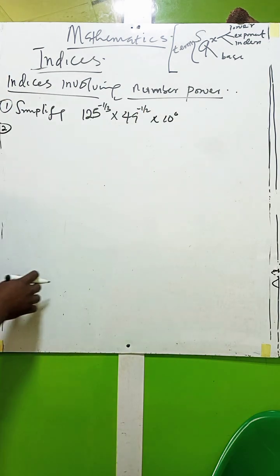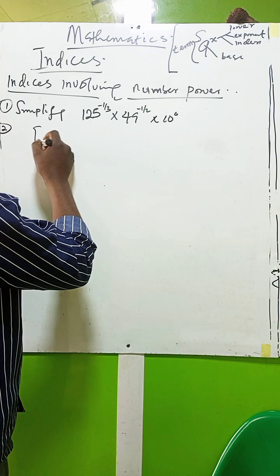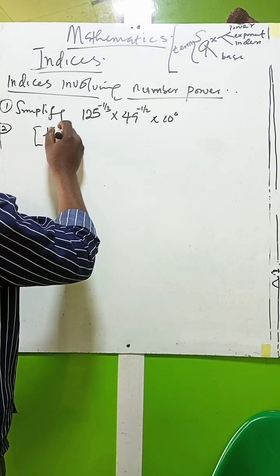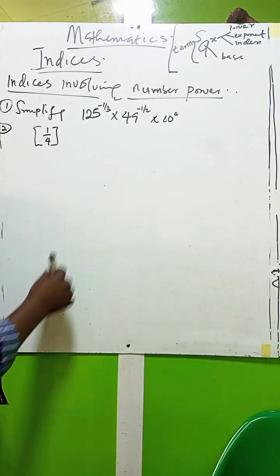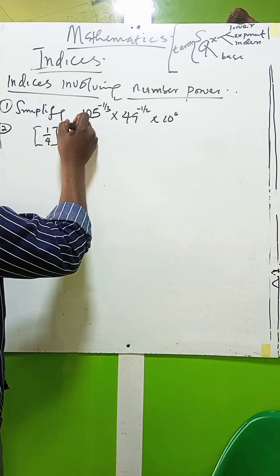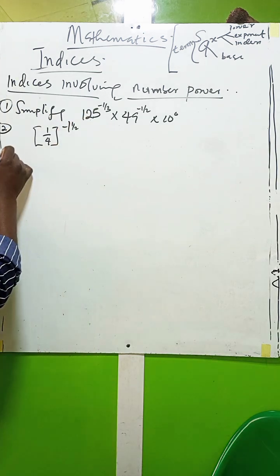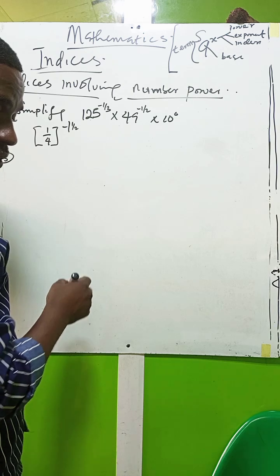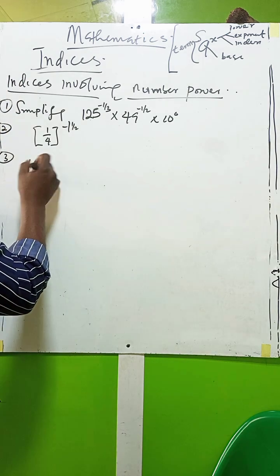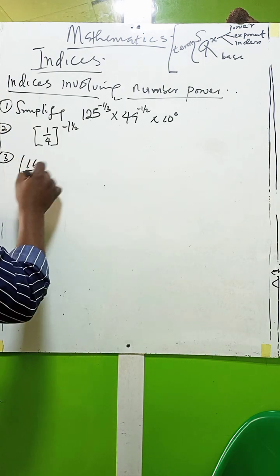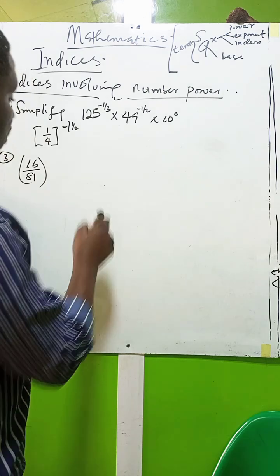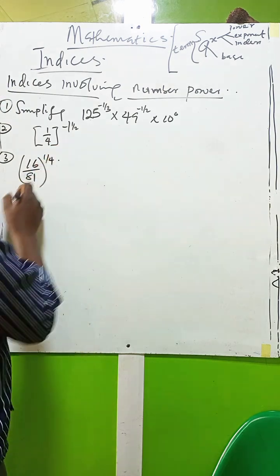Number 2, 1 over 4 raised to the power minus 1 over 2. Number 3, 16 over 81 raised to the power 1 over 4.